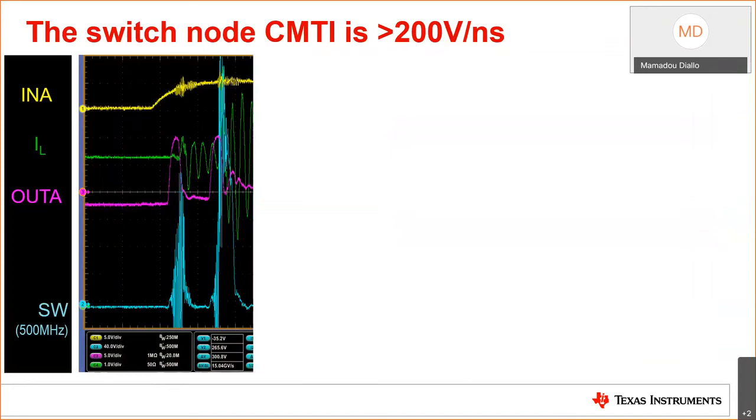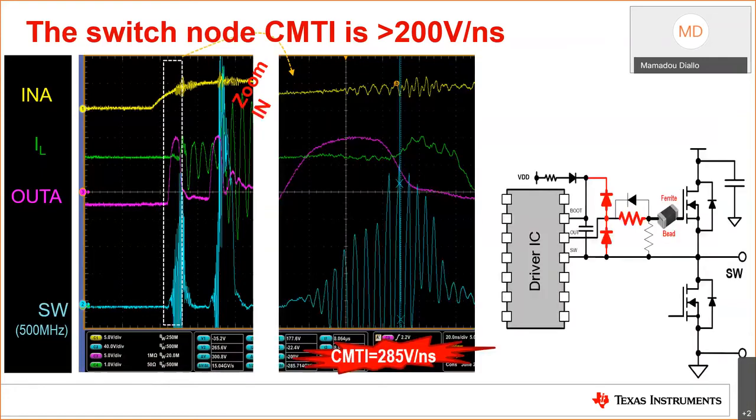When you look at the switch node, a lot of drivers specifically have a DVDT specified on the switch node. So when you have significant change in the voltage on that pin, it can cause the driver to misbehave, to have false logic, to even cause catastrophic failure in some cases.